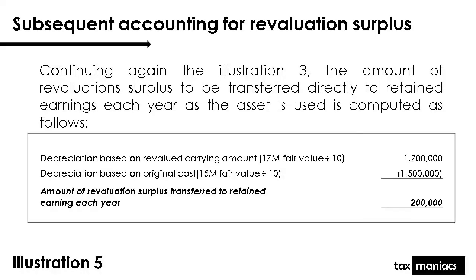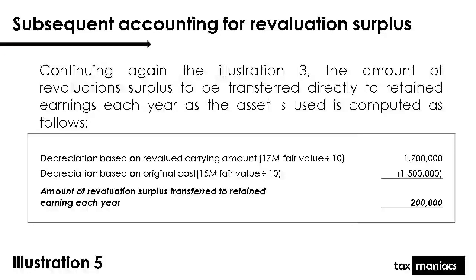Continuing again the illustration above, the amount of revaluation surplus to be transferred directly to retained earnings each year as the asset is used is computed as follows. We have depreciation based on the revalued carrying amount of 17 million fair value divided by its useful life of 10 years. We get 1,700,000.